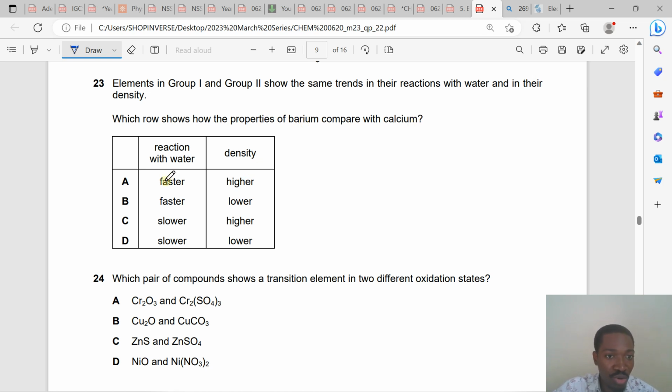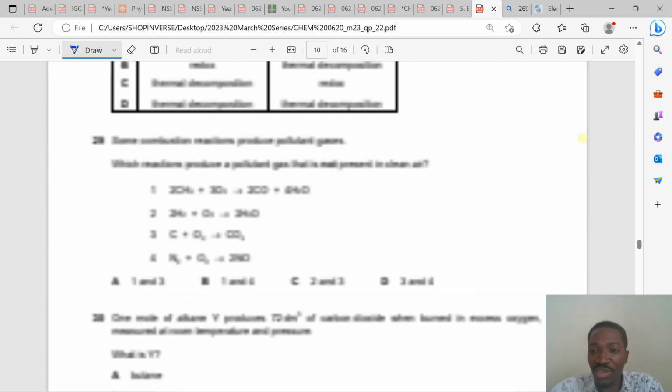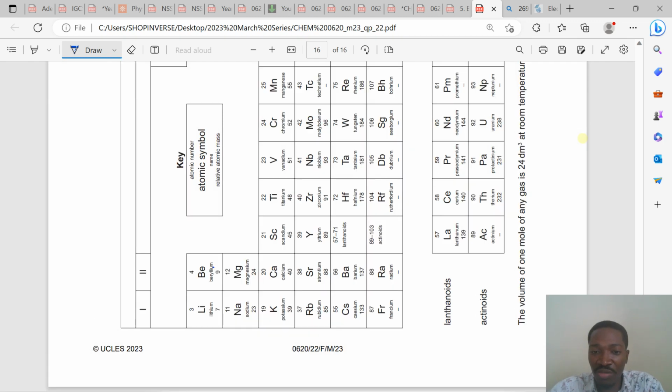Is the density of barium higher or lower? The density of barium is higher. Why? Because it's at the bottom of that group.